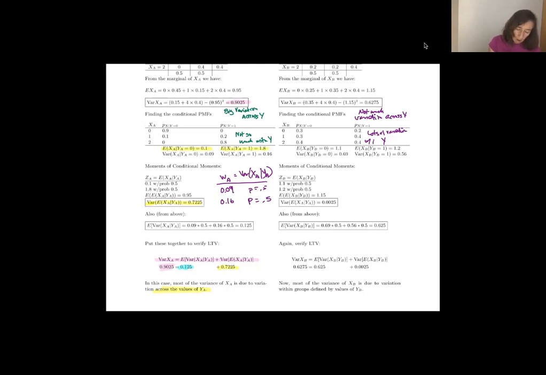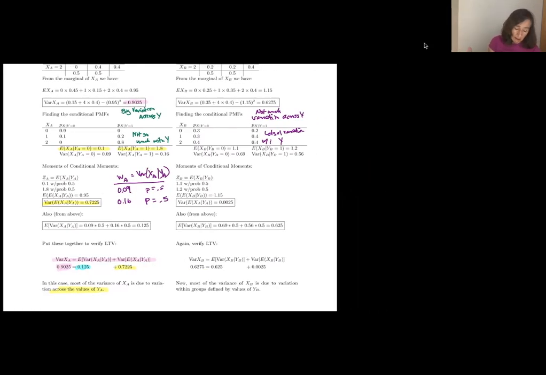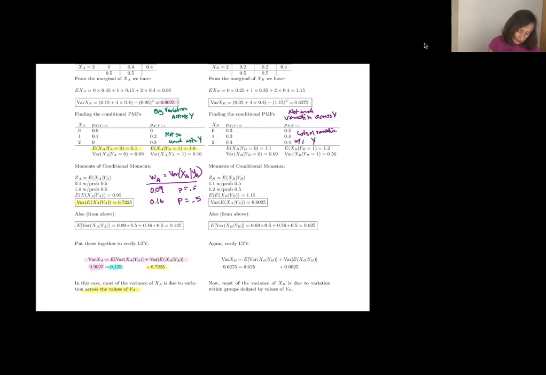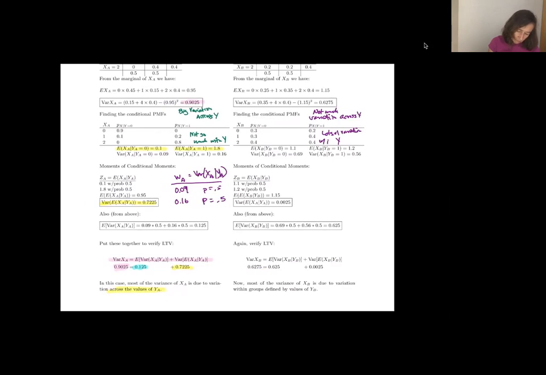All right, and so then, not surprisingly, random variable b has the opposite pattern here. We go through that same process and calculate the variation across the groups of y, and we get a really small number.